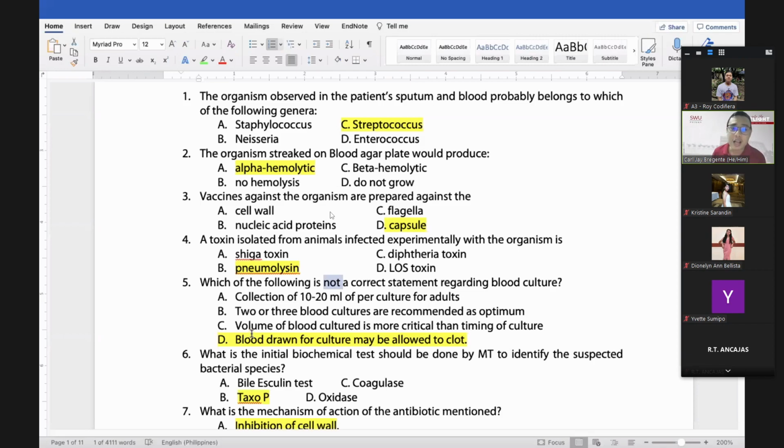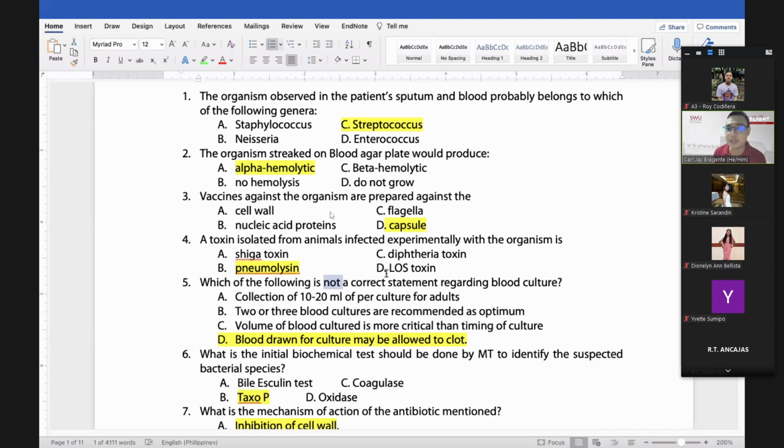That's correct. Letter C, volume of blood cultured is more critical than timing of the blood culture. So that is correct also. We need to have more volume of blood rather than the timing of the culture. Okay, hindi kasi necessary class na at the peak, no, of the fever ang mag-collect ng blood culture.